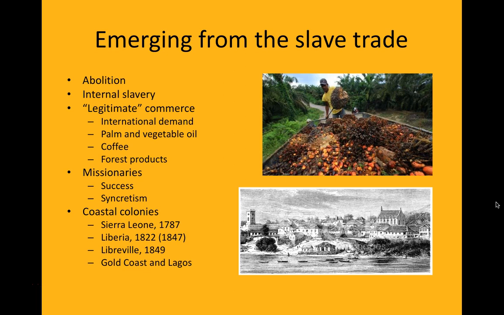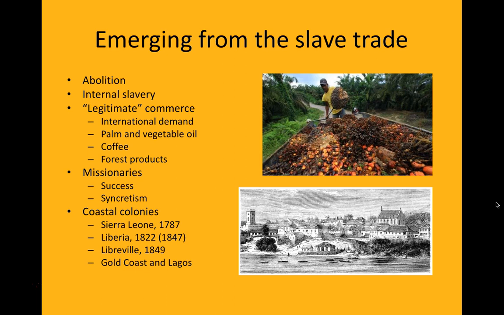Something similar happened in 1822 with the creation of Liberia. This one by Americans, who were sending freed slaves to Africa. Although it remained closely tied to the U.S., really only was granted full independence in 1847 as a colony.